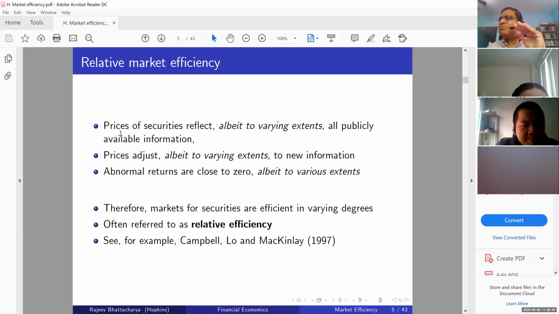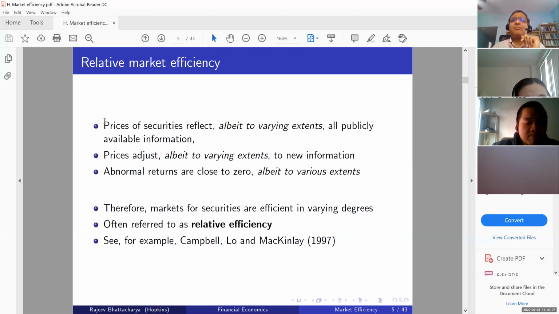Now, this idea of a perfectly efficient market, that either a market is efficient or it's not, is a very old, 1990s concept. Since then, nobody really talks about the market being either efficient or inefficient. What we talk about is that markets are relatively efficient.